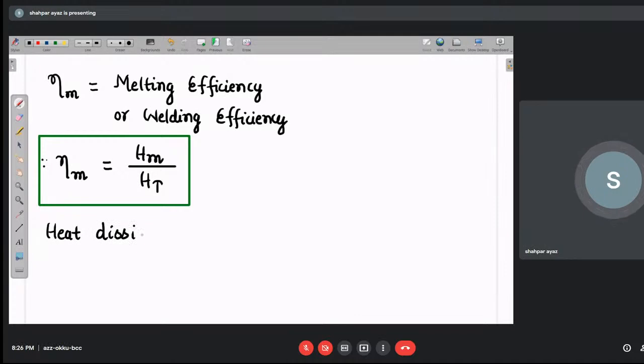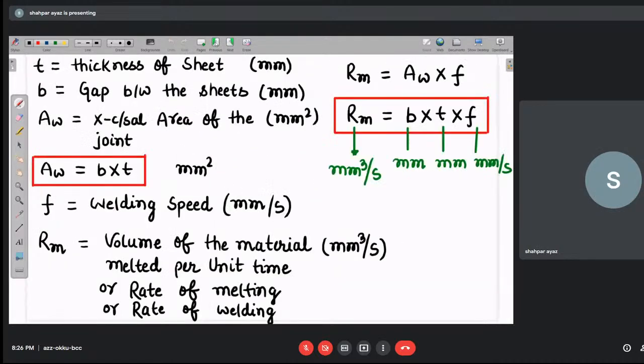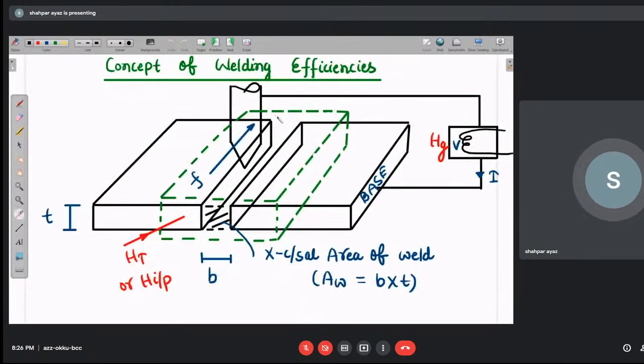So remember, my dear, the amount of heat dissipated to the base metal is what? I have just given you an example, 1000 joule of heat produced, but the requirement was of 300.